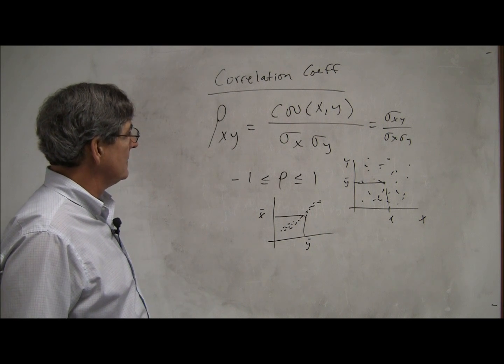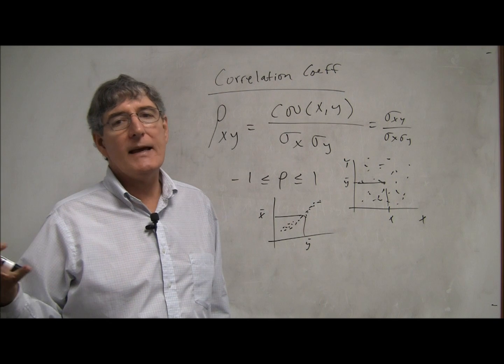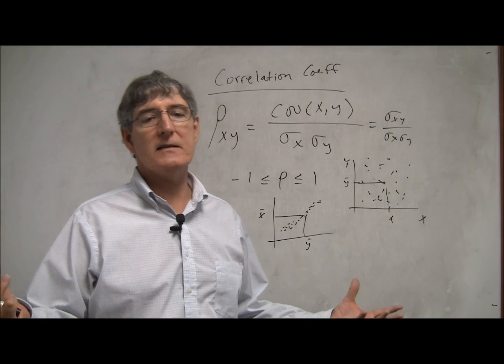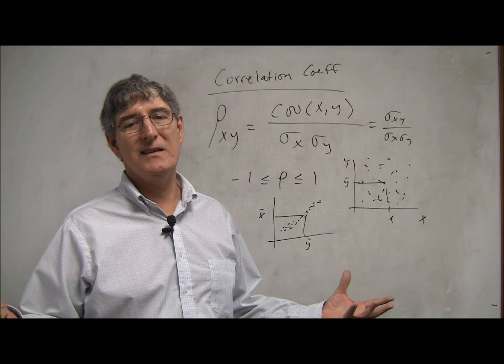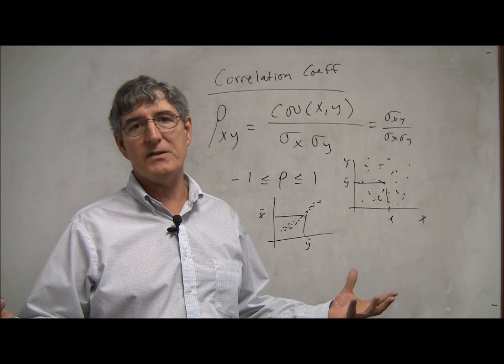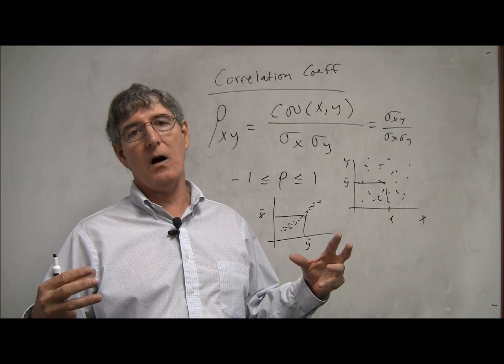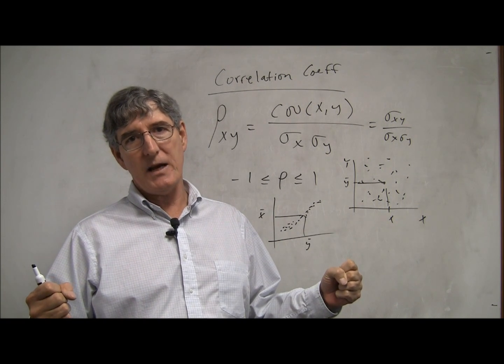The other thing useful about the correlation coefficient is that it's unit free. If I take x and y, and x is measured in inches, and I change that into feet, or go the other way, it doesn't change the value of the correlation coefficient at all. The covariance would change.